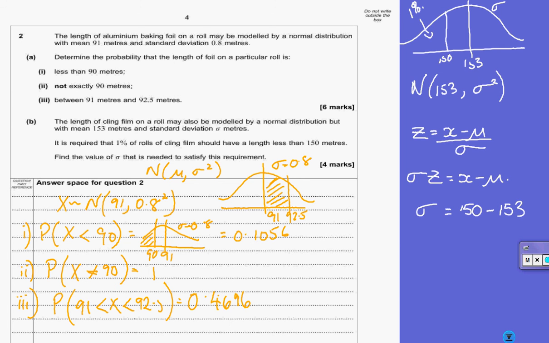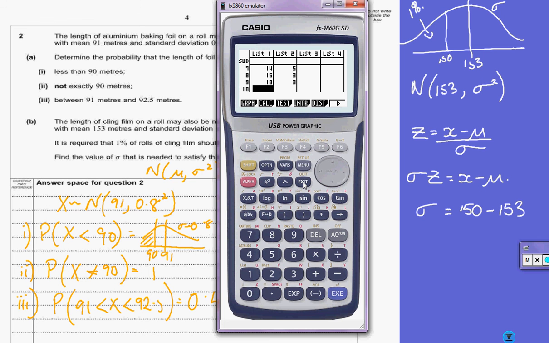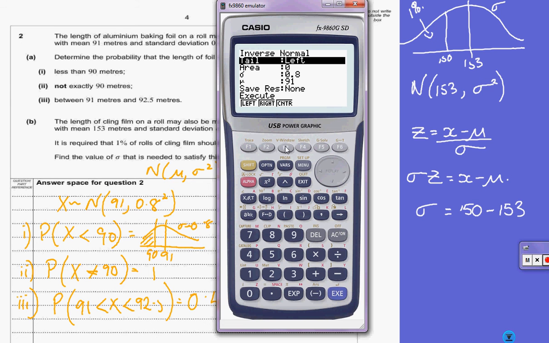So I would go to my calculator, moved across slightly so you can see what I'm doing. I want to know what z value I will get when 1% is here. With a z value, it means I'm talking about a normal distribution, inverse normal. I have the area to the left, and I want an area of 0.01.